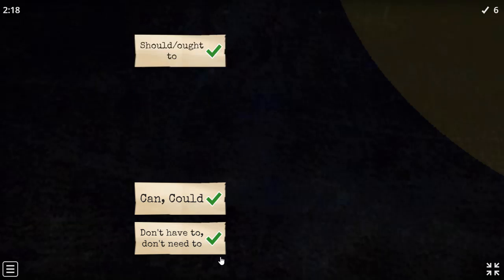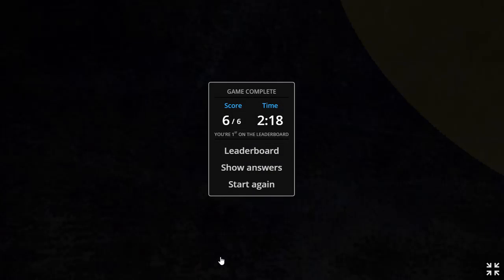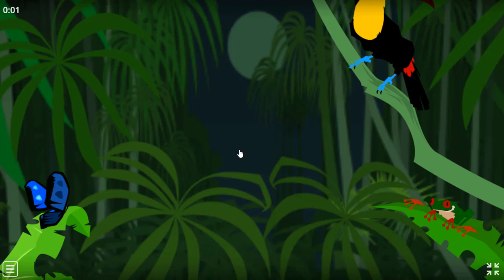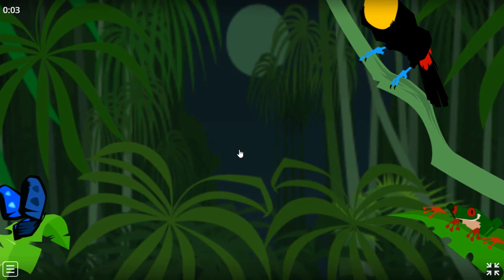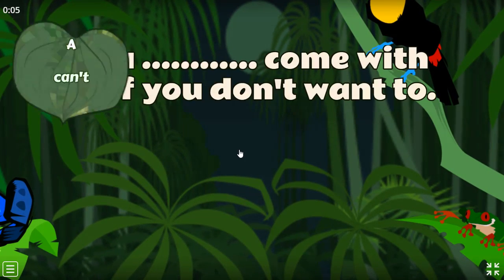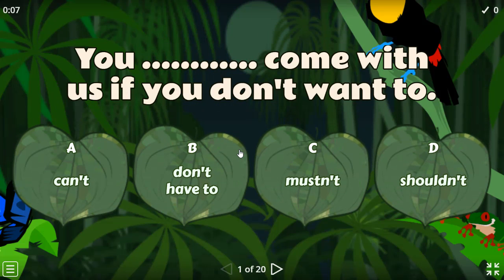Perfect. And to the next game. But we won't finish all the tasks. Here we are. What is it? So, 4 choices for 1 gap. Which of the following best fits the gap?